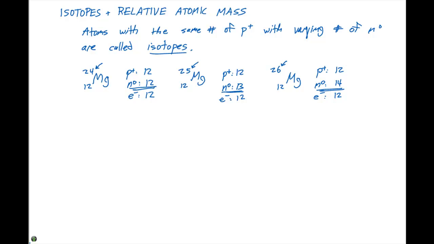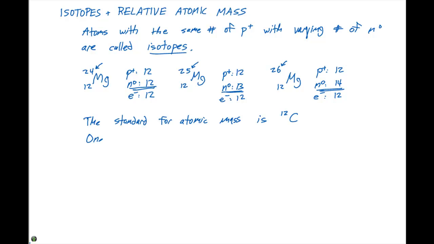So we need to come up with a standard for how we're going to express what we will call an atomic mass. In order to come up with this convention, we have to come up with a standard. So the standard for atomic mass is carbon 12.